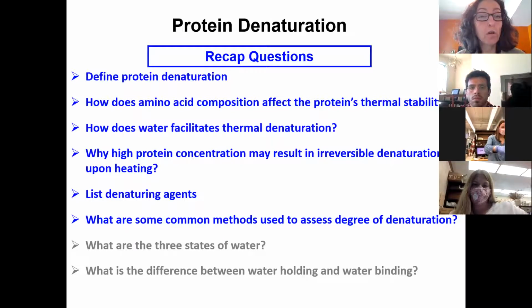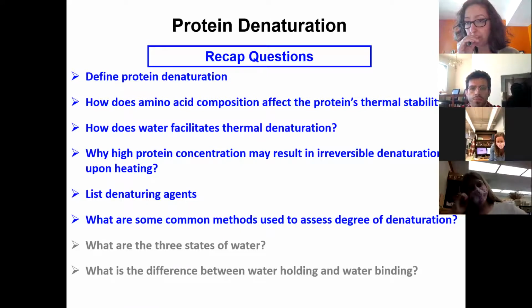Okay, so how does water facilitate thermal denaturation? Can anybody remember the impact of water on protein denaturation? Low water concentration, high water concentration, how does that impact denaturation?